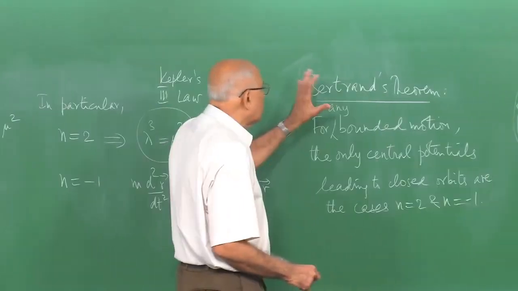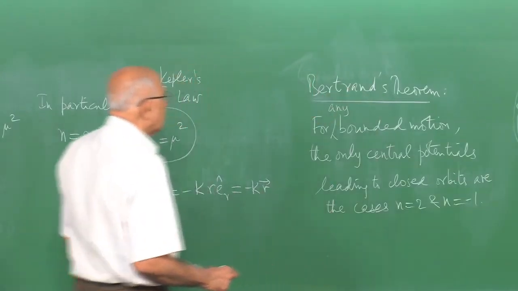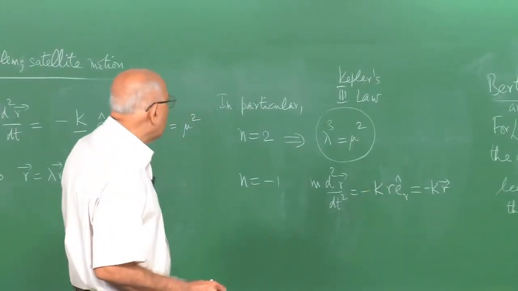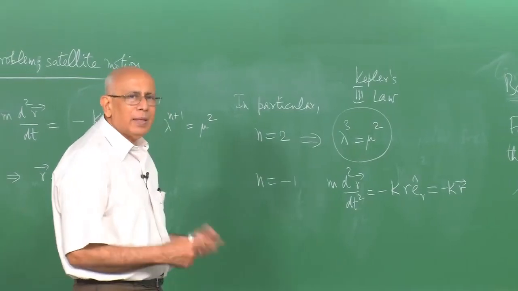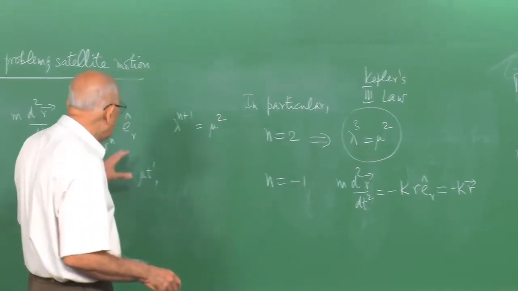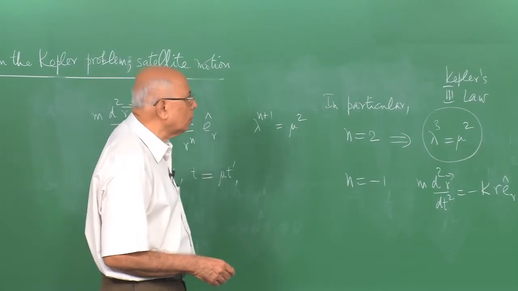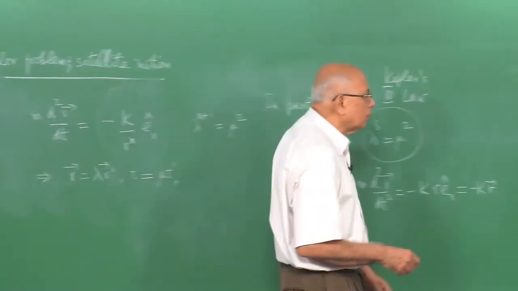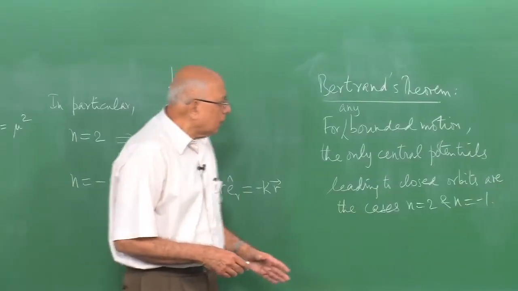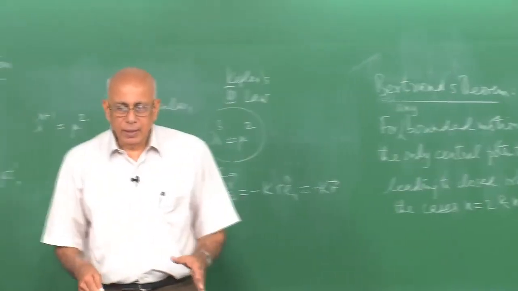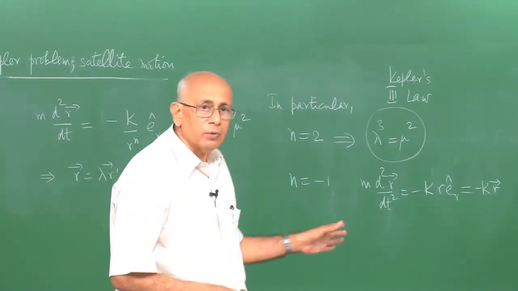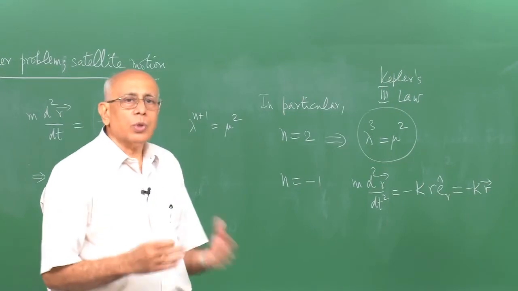So that's a very crucial point with Bertrand's theorem, which tells you that only these two potentials, for deep technical reasons, have some deep symmetry properties which we won't go into here, which lead to this beautiful property that all bounded motion in these special forces leads to closed orbits.